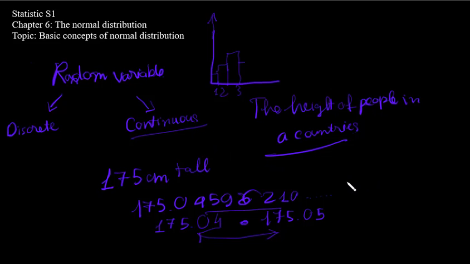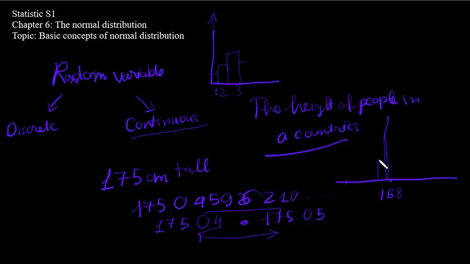Like for this one here, the mean height in a country is 168 centimeters, and we plot the number of people. This line is the number of people who are 168 centimeters tall.